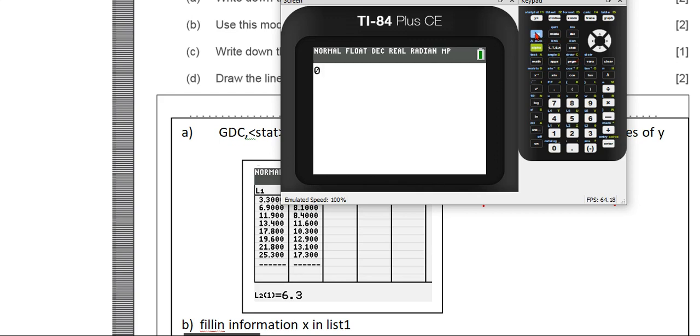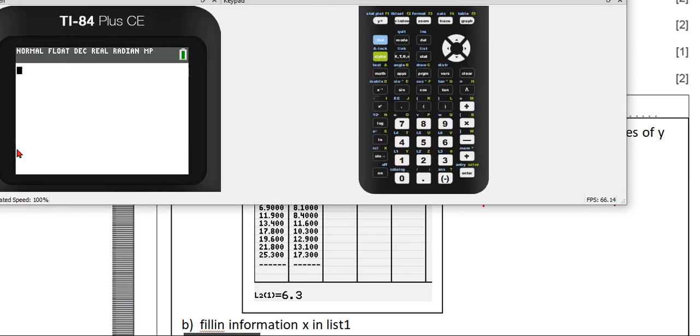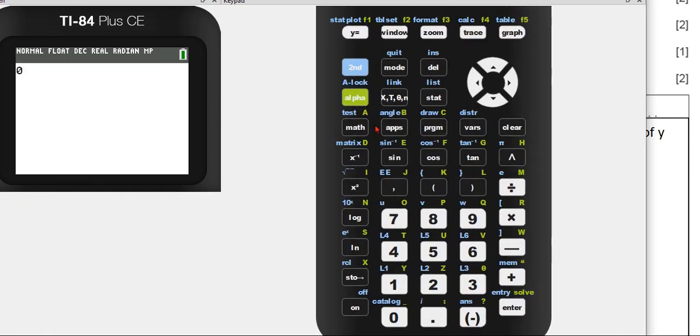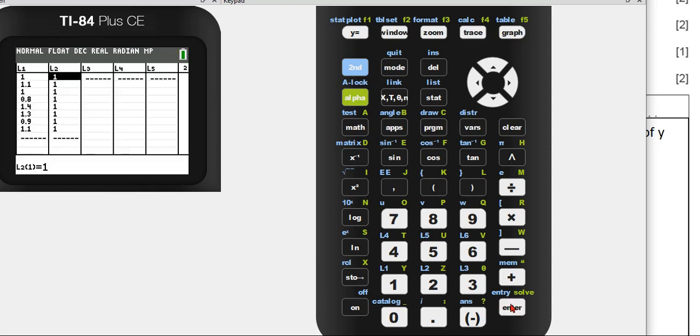So what we're doing, we press start, choose edit, and here we see list 1 and list 2.